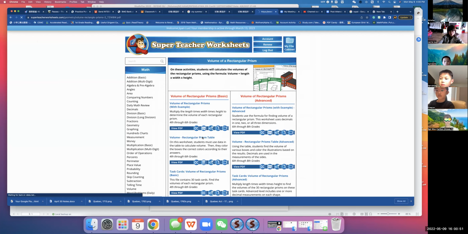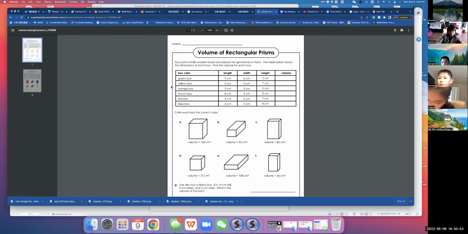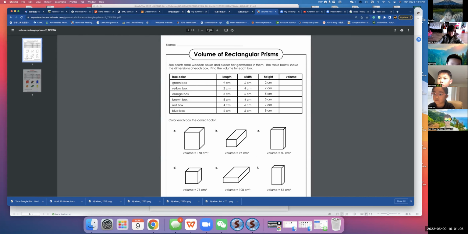Okay, so now we're going to do a very fun project. The project is you first calculate, then you find the right box and color it. For instance, I'm going to do the first one, the green box, so I'm using green color.